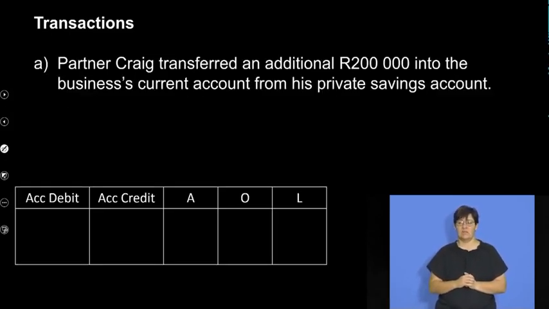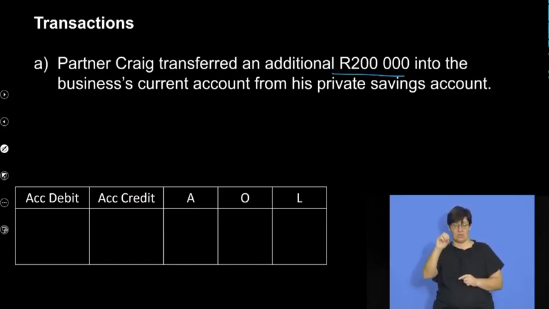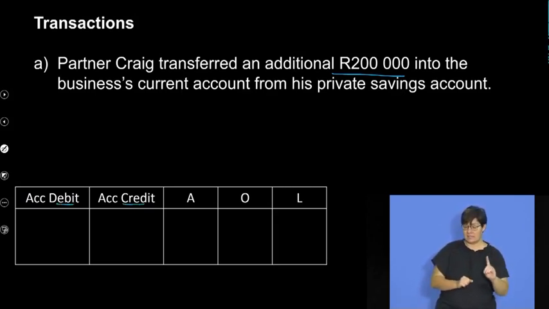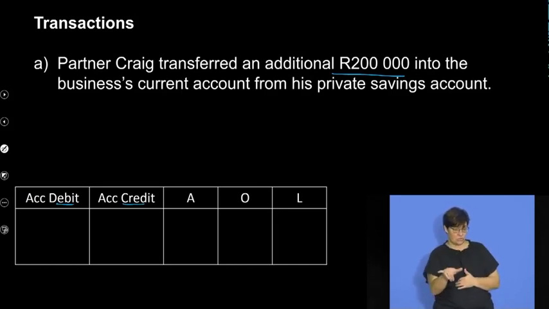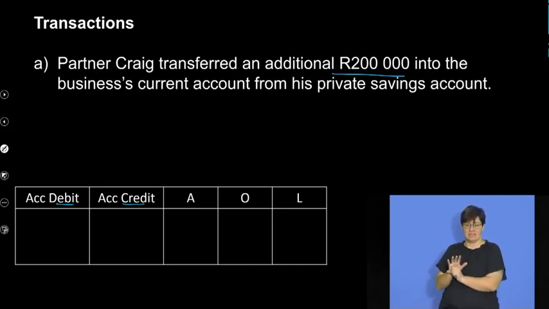And our very first transaction, partner Craig transferred an additional 200,000 Rand into the business's current account from his private savings account. Our table given, we've got to identify which account is debited, which account is credited, and obviously the impact this particular transaction has on either assets, owner's equity, or liability.